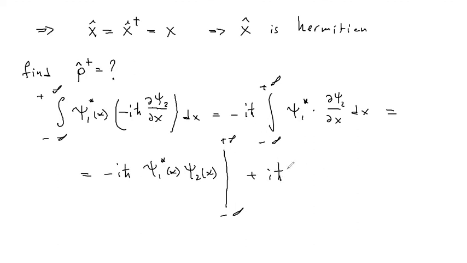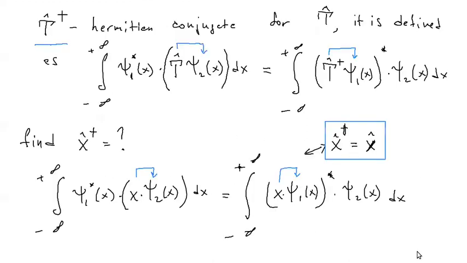So I put plus instead of minus, from minus infinity to plus infinity. So I have a problem because I have a surface term. I can't really present it this way because I have something extra, my surface terms.